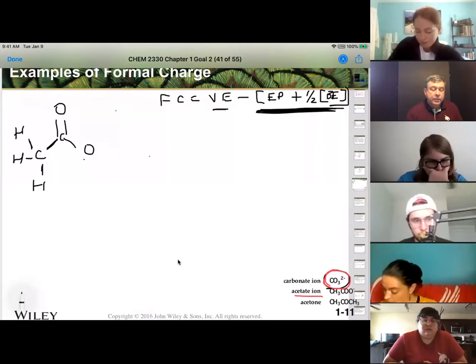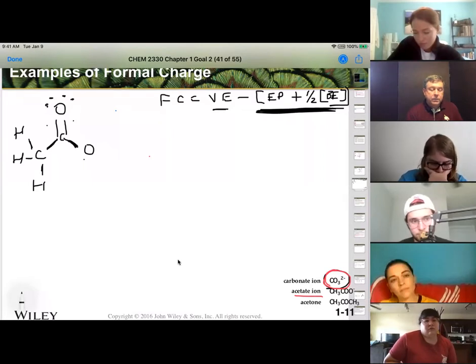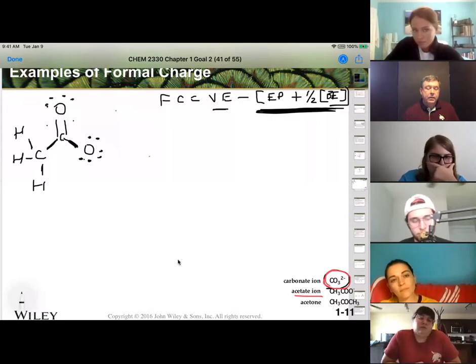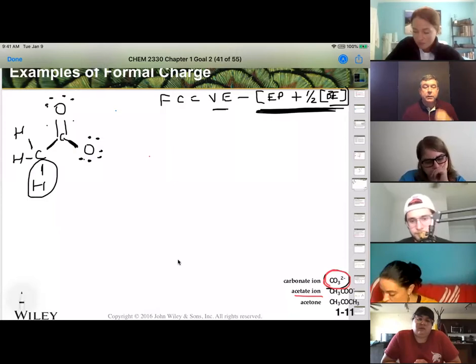This oxygen has 1, 2, 3, 4, so we need to add 4 more electrons to make it have 8. And this one has 2 electrons, so let's go 3, 4, 5, 6, 7, 8. Now every larger atom has 8 electrons, and the hydrogens have 2 electrons. So we now have a Lewis dot structure, but we still need to calculate our formal charge.